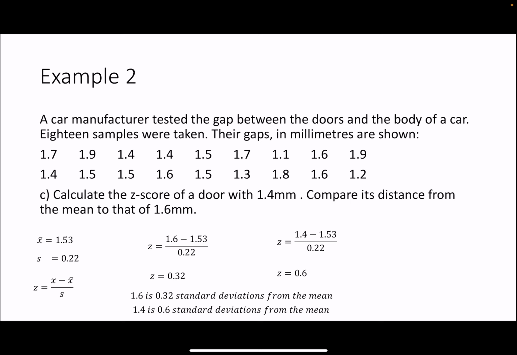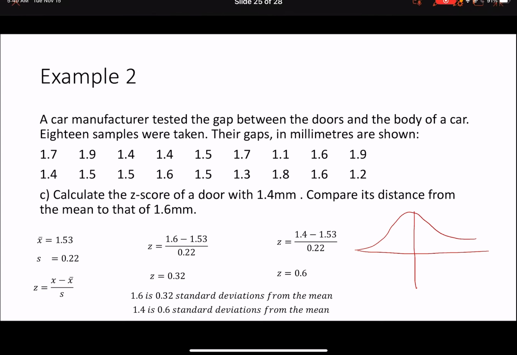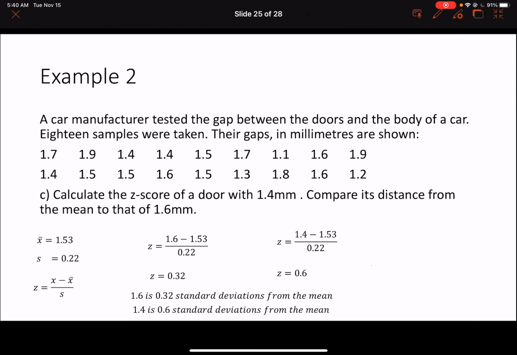What about 1.4? Well, 1.4 is the same thing, right? That's not right. Let's fix that again. So our mean is here, 1.53. We have minus 0.22. So our standard deviation is 0.22.